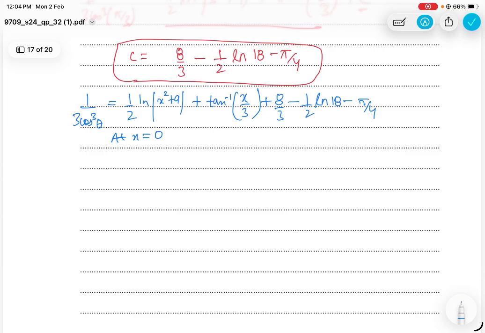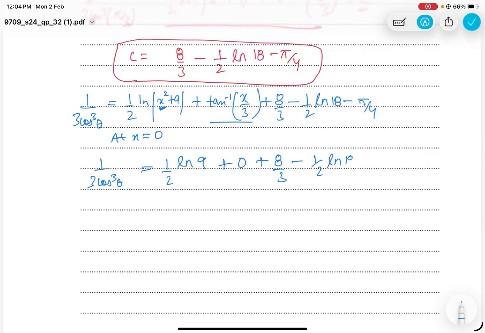We will have 1 upon 3 cos cube theta equals half ln 9 plus 0 plus 8 by 3 minus half ln 18 minus pi by 4.